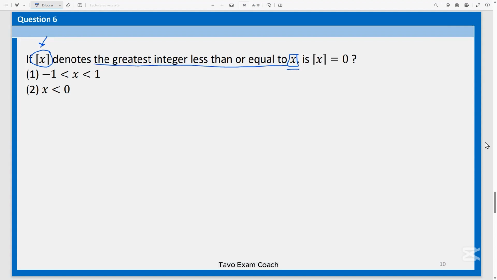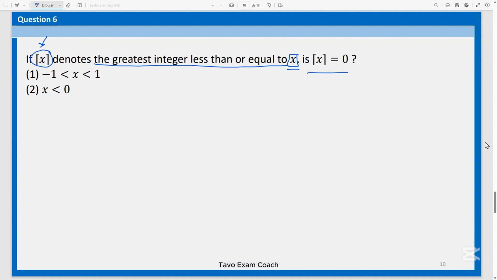The question is the square bracket of x equal to 0? And we are given two statements with two inequalities that establish the possible range of values for x. Okay, how can we analyze this without making it too complicated? Well, the best way is to use the definition to reinterpret the question given here.